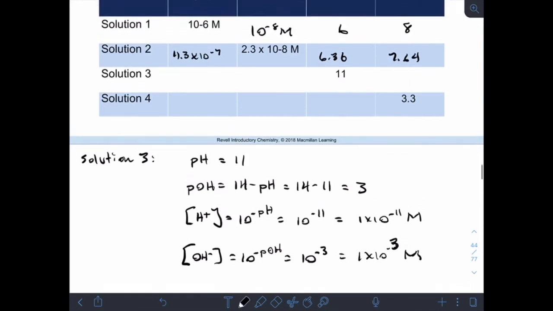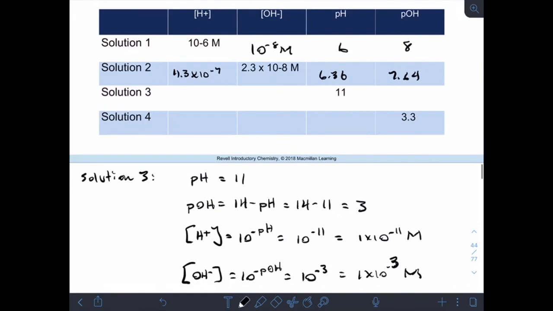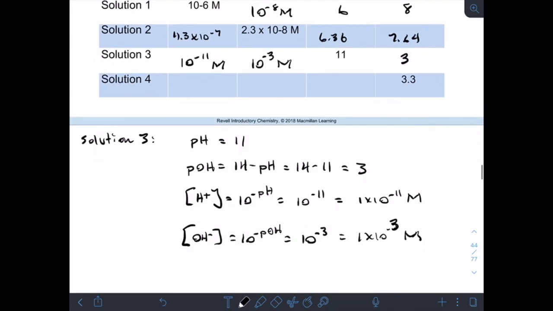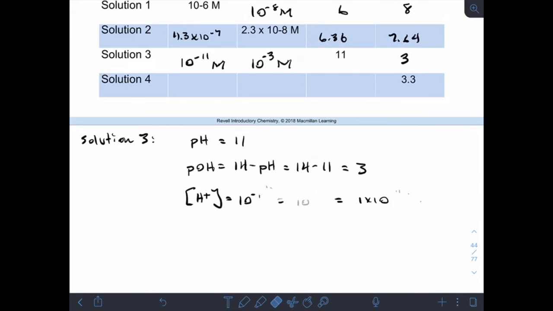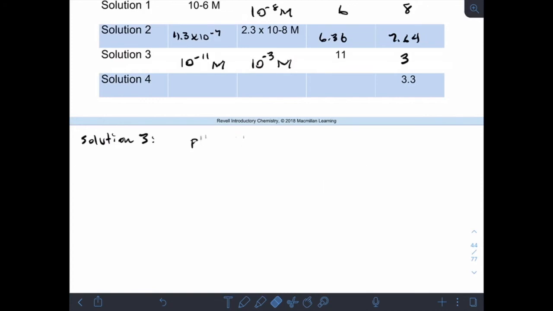All right. So our H plus is 10 to the minus 11, and our OH is 10 to the minus 3, and our pOH is 3. All right. So that set of 6 equations, we can really get a lot done with them.